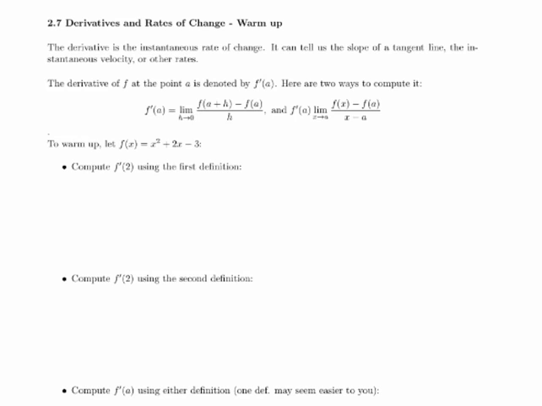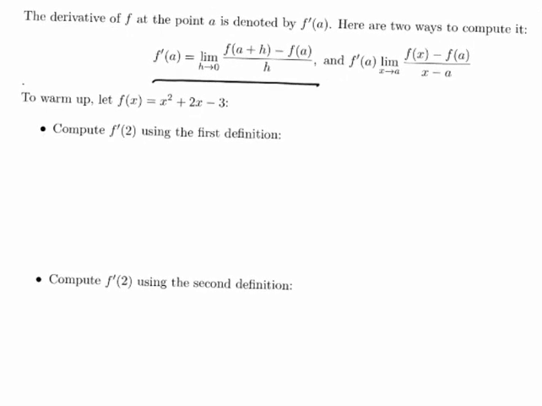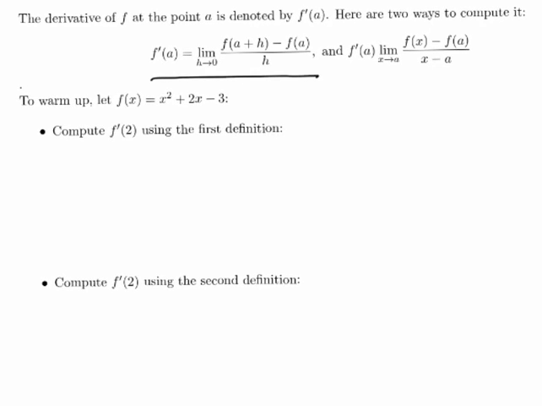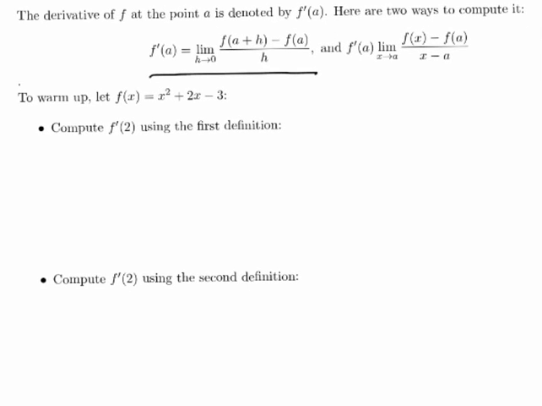Okay, so the first definition, right here, we want to compute f prime of 2. That means we're going to use here that a is equal to 2. And so we need to set this up.